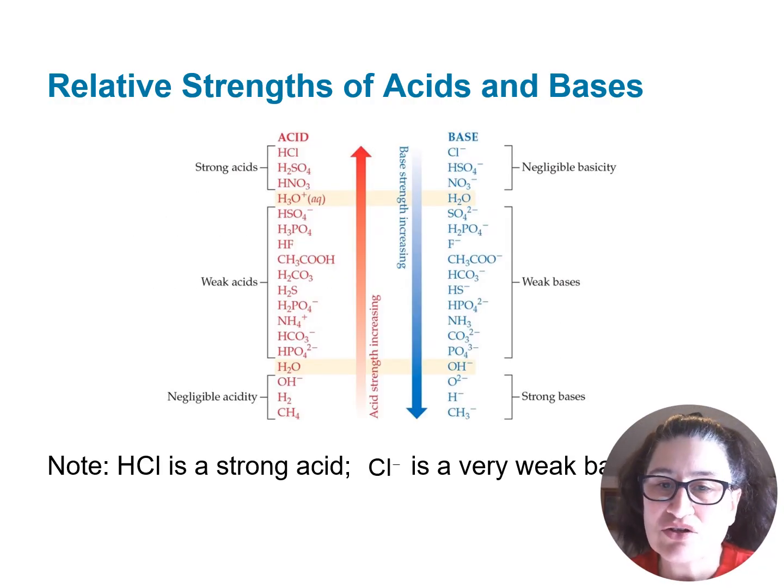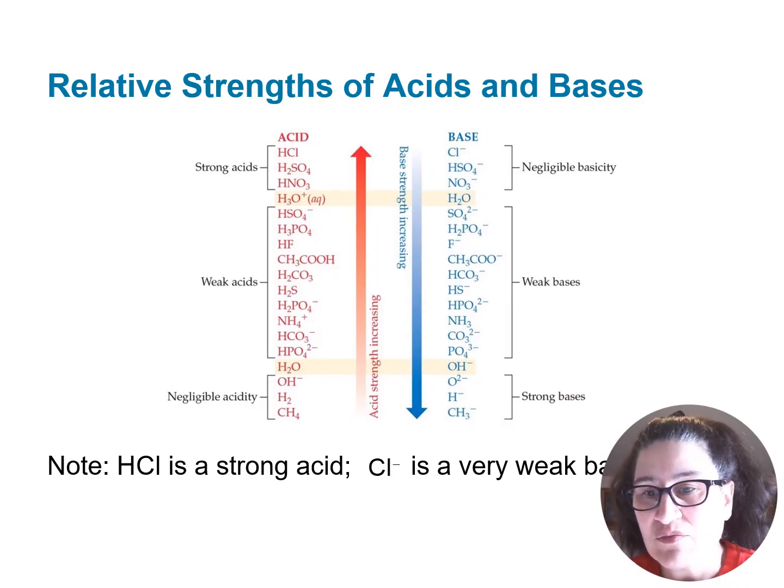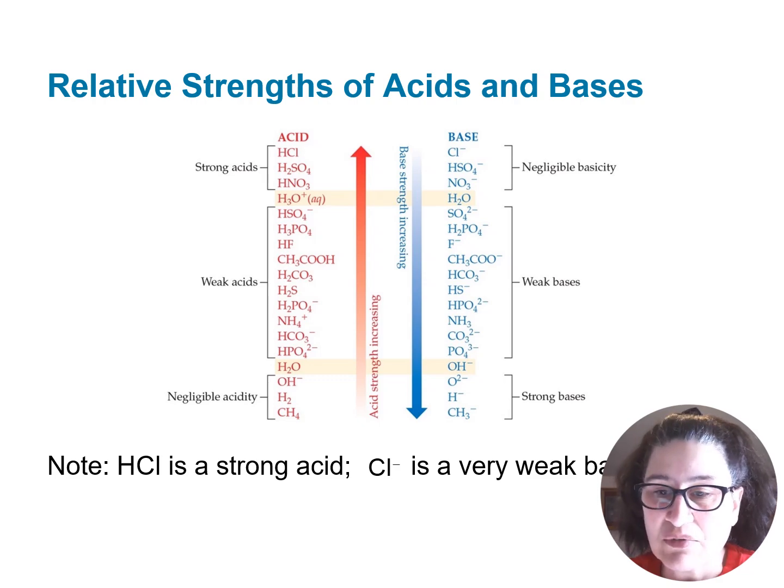And this chart shows that list of acids according to their reactivity. So we have the strong acids here on the top, and notice those are forming weak conjugate bases. And here, where you have things that aren't very acidic, they are forming strong conjugate bases.